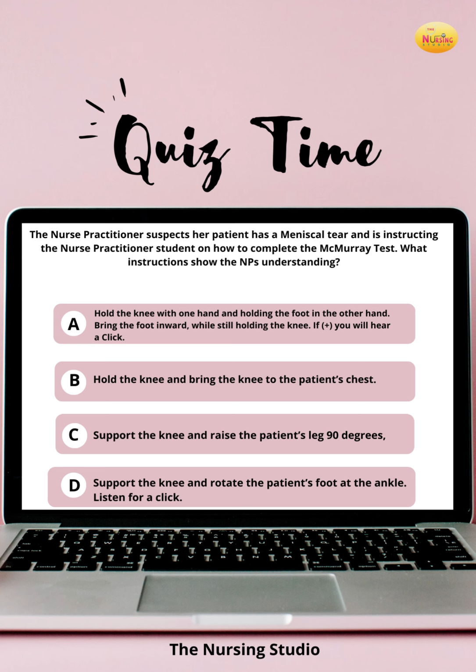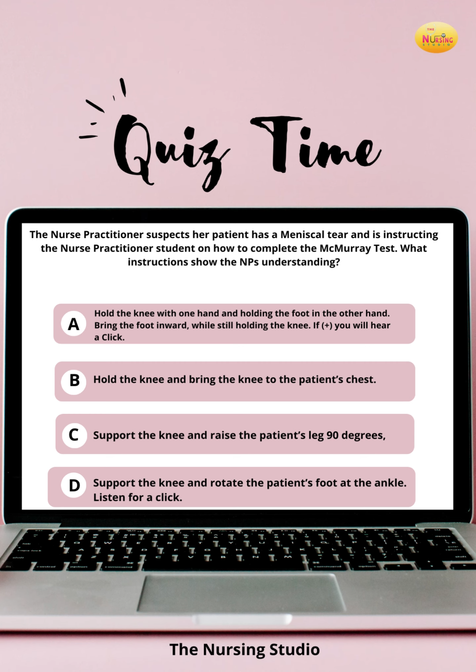The stem of the question states, what instructions show the NP's understanding? So we're trying to see if the NP is instructing on the McMurray's test appropriately. A says, hold the knee with one hand while holding the foot with the other. Turn the foot inward while supporting the knee.